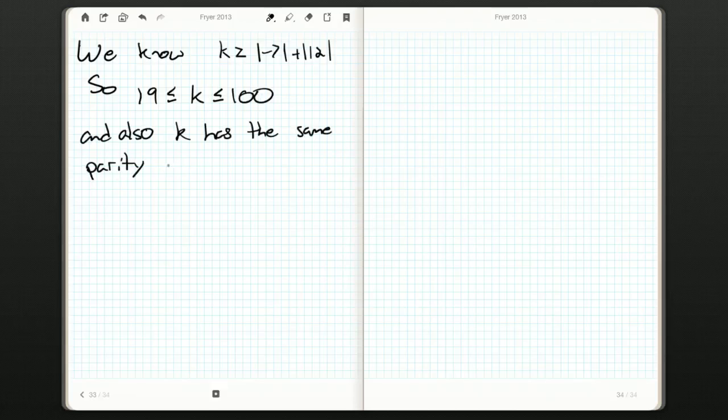So k has the same parity as -7 plus 12. Remember, parity just means oddness or evenness. It's the fancy way of saying it, so we don't have to keep saying even and odd. But that's 5.